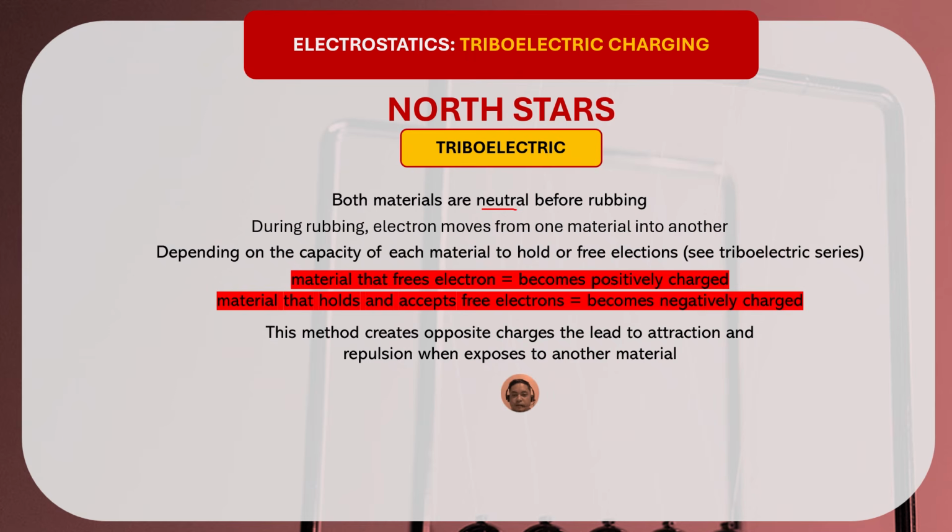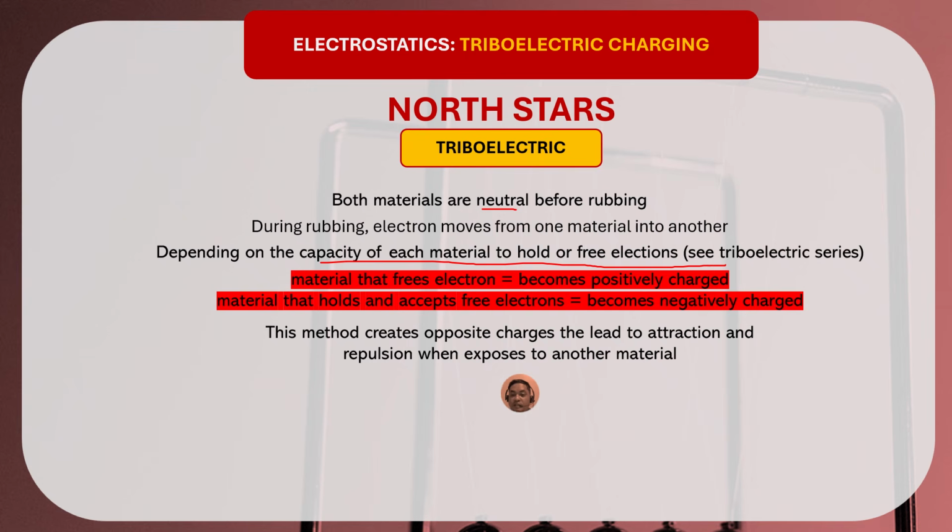Neutral means they don't carry charges before rubbing. But once you perform triboelectric charging, during rubbing, electrons move from one material into another. It depends upon the capacity of each material to hold or free electrons.